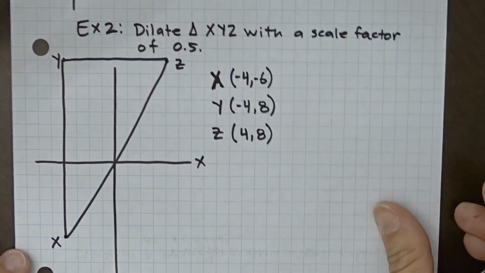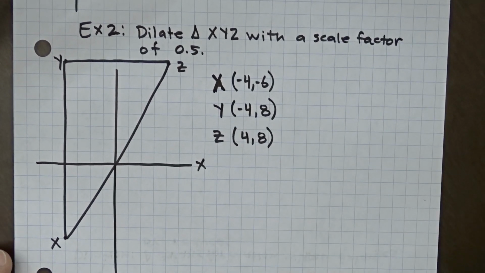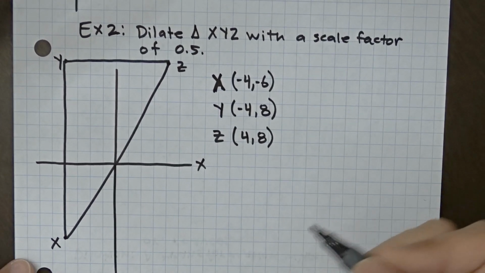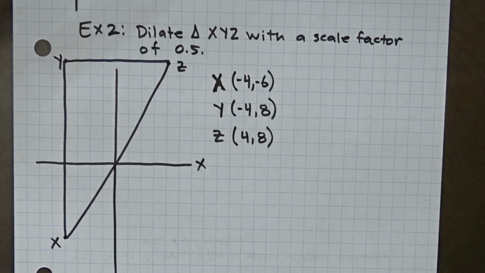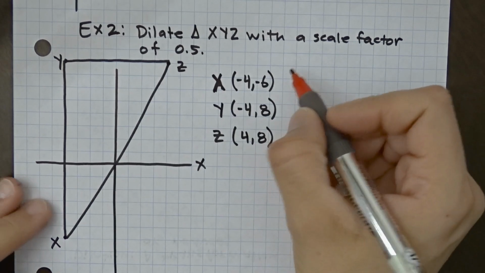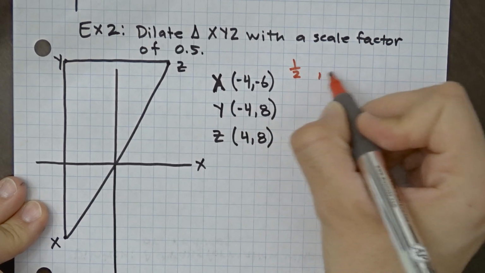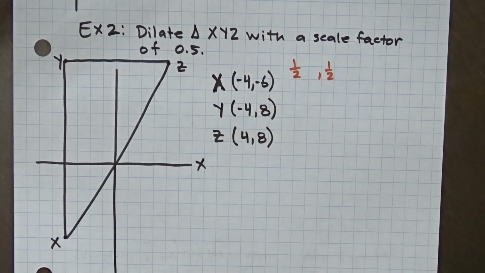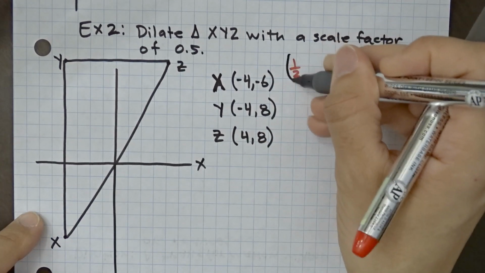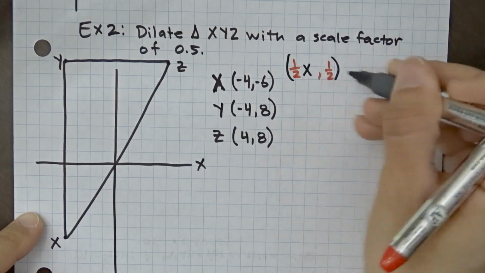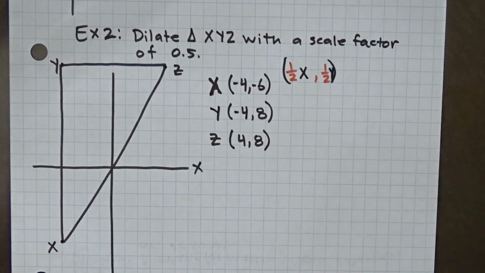So what's going to happen to that triangle after my scale factor of 0.5? Now instead of 0.5, I'm going to use 1/2 just because I like to think of a half of something instead of 0.5 of something. And the transformation is going to be 1/2 on the x and the y coordinate. Half of x and a half of y.